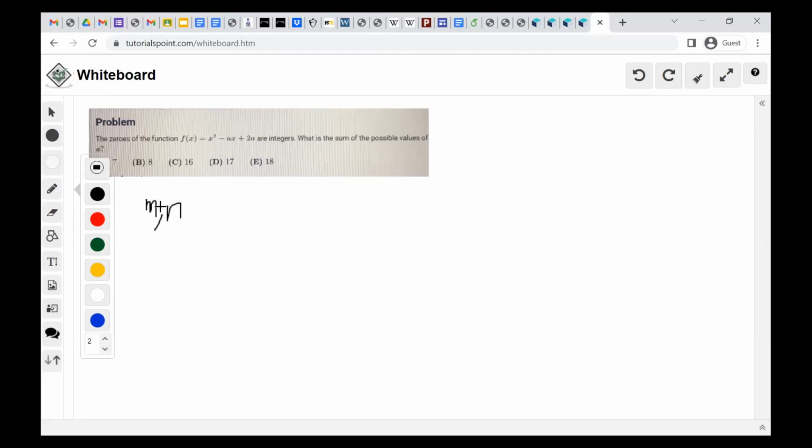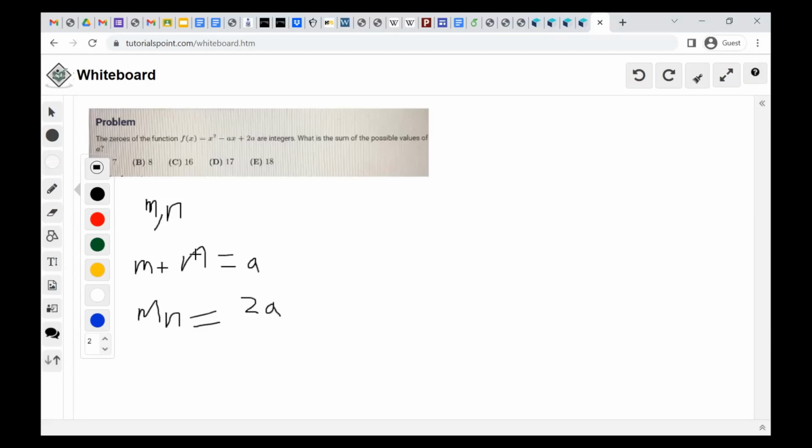So what do we know? We know that the sum of the roots, m plus n, is equal to a, by Vieta's formulas, because this is negative a. The sum of the roots, m plus n, is a, and the product of the roots, mn, equals 2a.